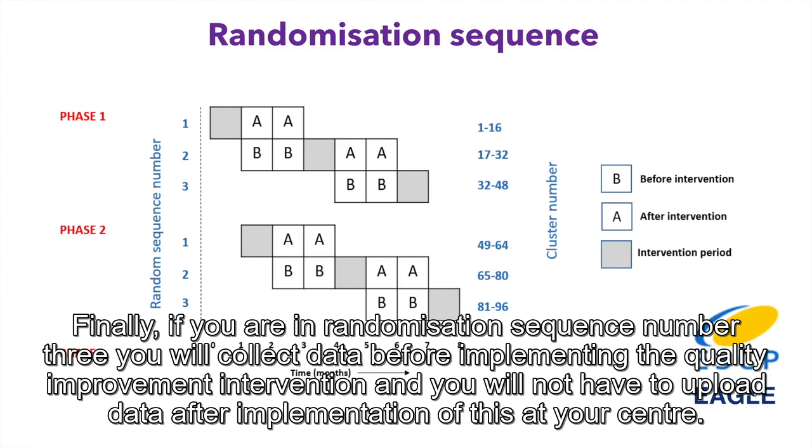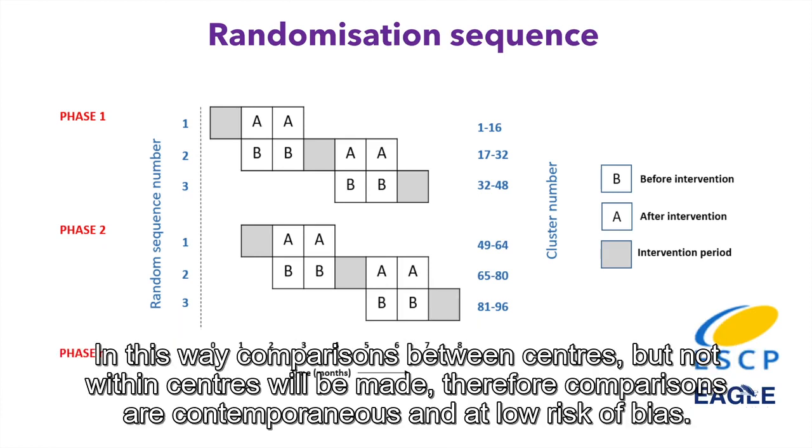Finally, if you are in randomization sequence number 3, you will collect data before implementing the quality improvement intervention, and you will not need to upload data after implementation of this at your centre. In this way, comparisons between centres, but not within centre, will be made. Therefore, comparisons are contemporaneous and at low risk of bias.